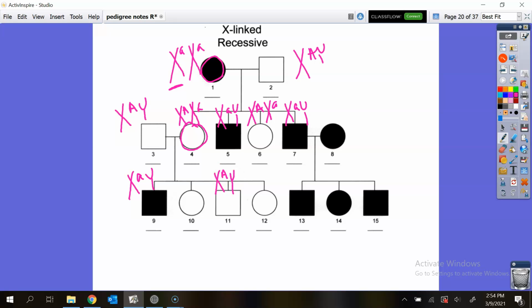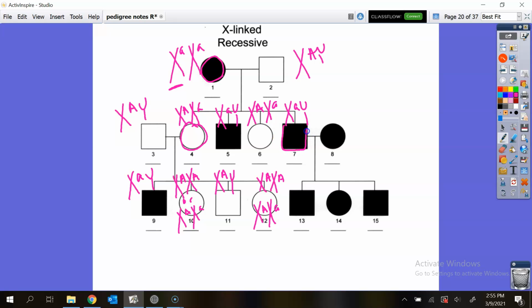Now both of these daughters don't have it. So they would have gotten the X big A from dad, and then they could have gotten either one from mom. So they potentially could be carriers.